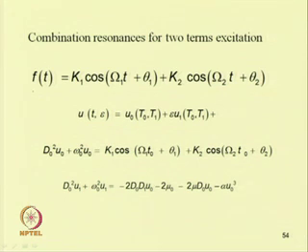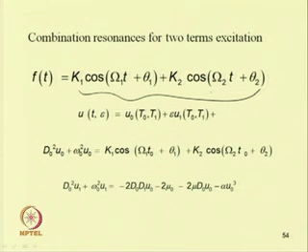One can reduce these two forcing terms to a single forcing term, or one can use these two terms and solve the equation of the system to find the response of the system.